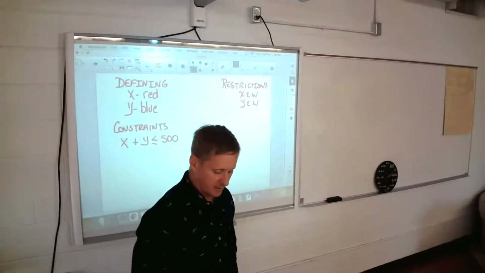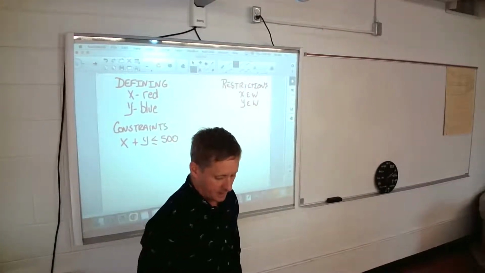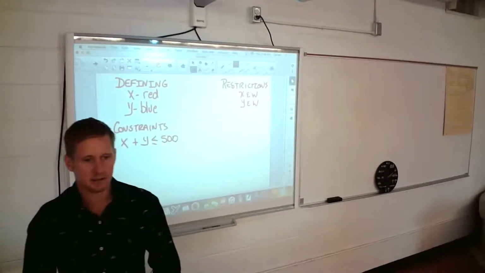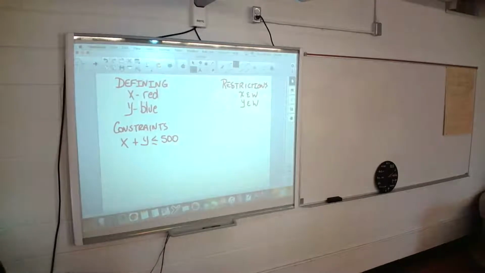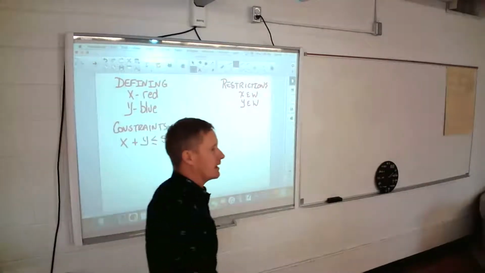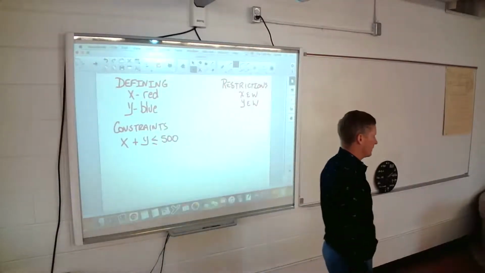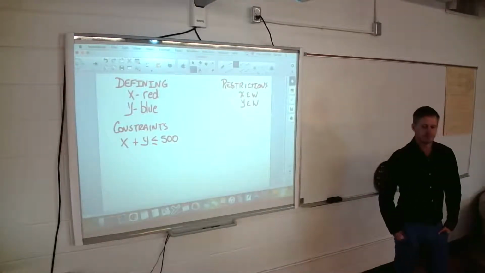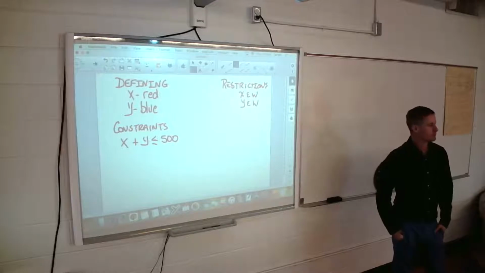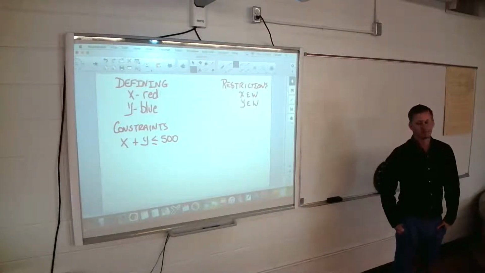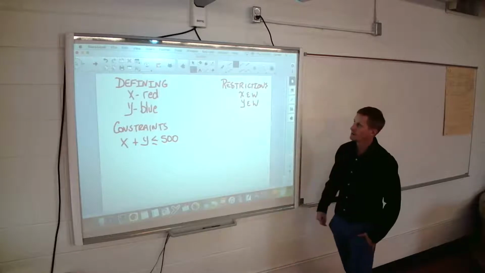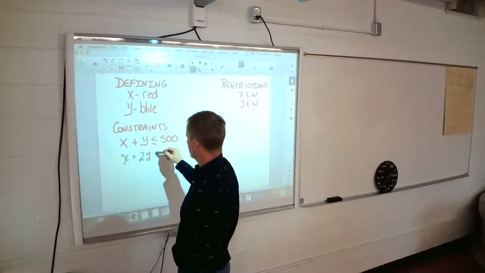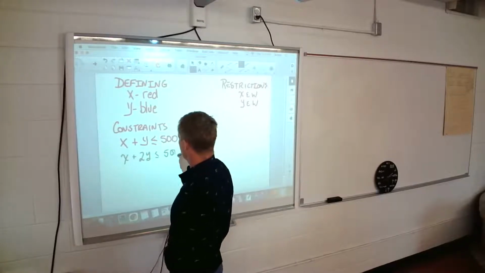Now, the second constraint says the committee expects to sell at least twice as many blue shirts as red shirts. So how do I show that in an inequality? X plus 2y is... Okay.